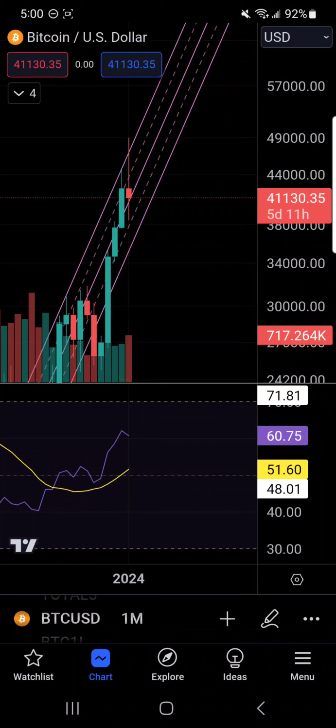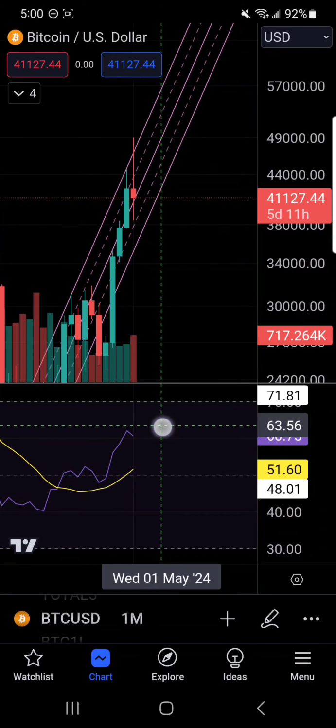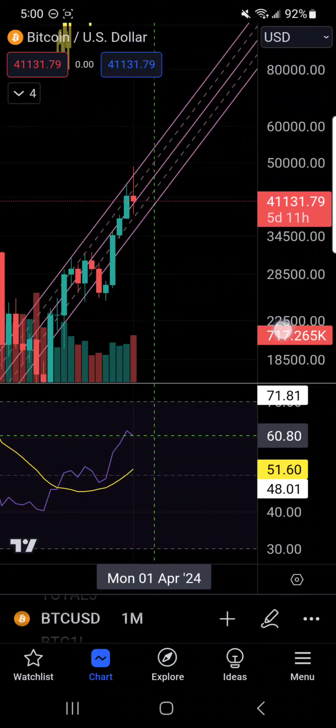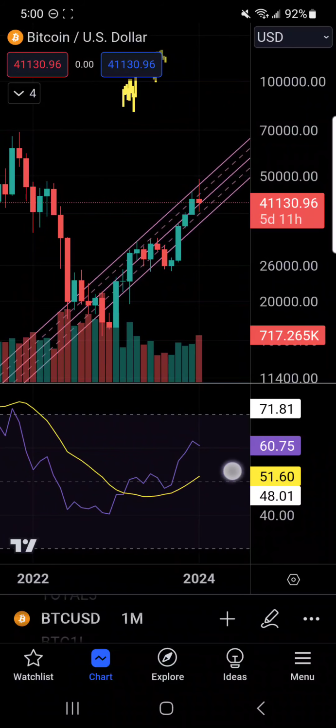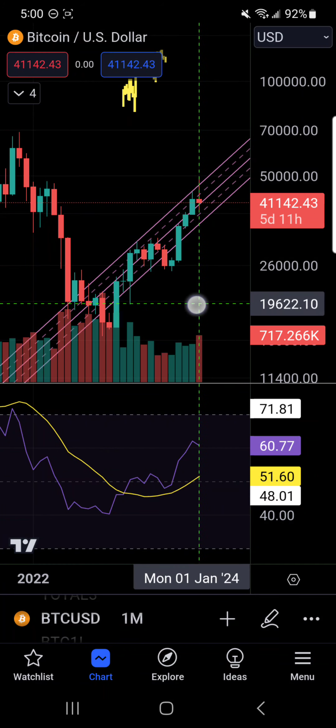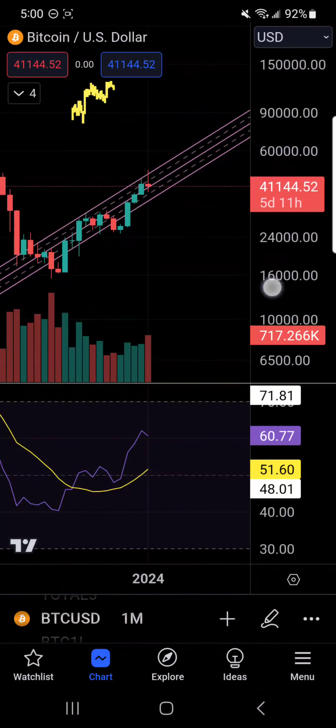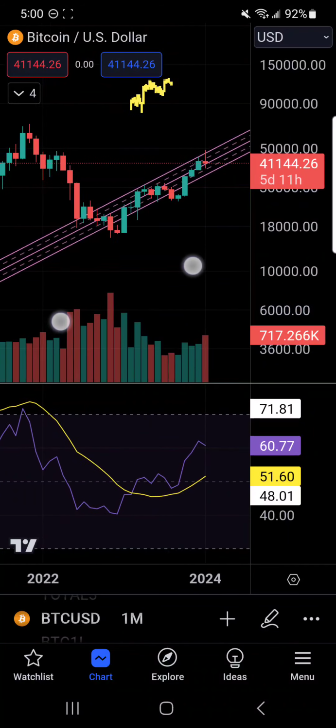Yeah. So this guy will be probably turning upwards too. I haven't really looked at stochastic RSI on the monthly time frame. Anyway, it's interesting when you look at it on the monthly.